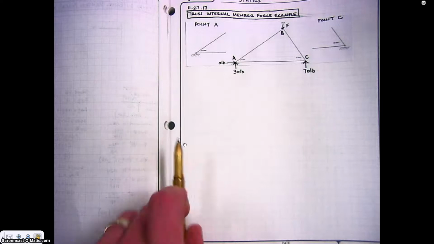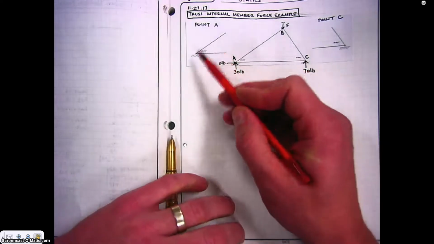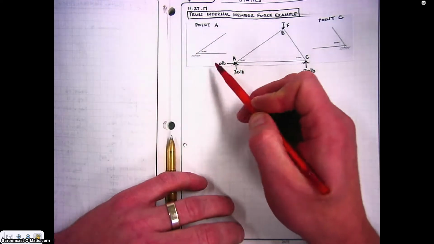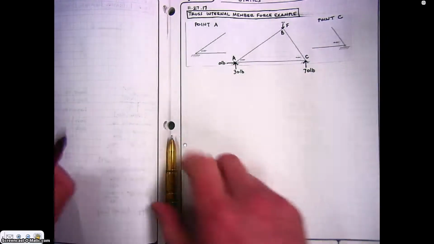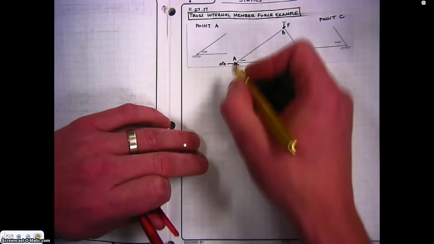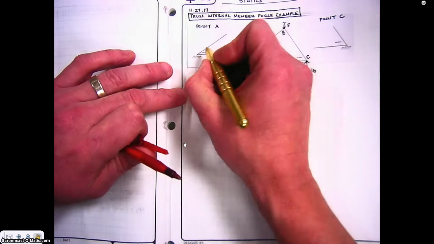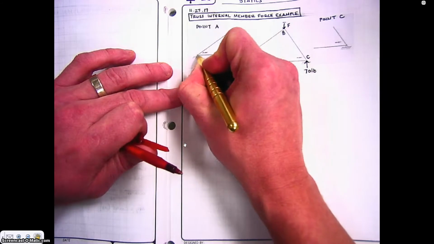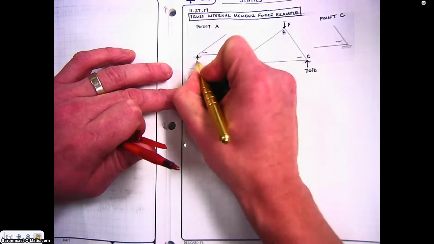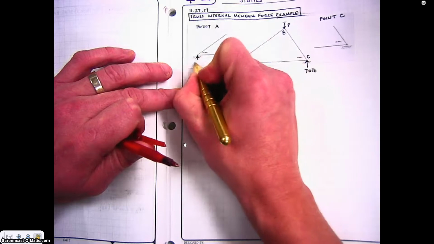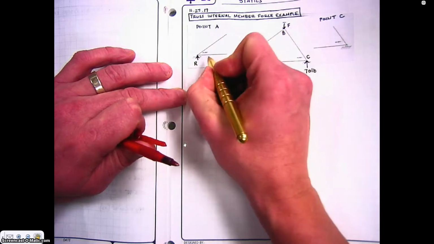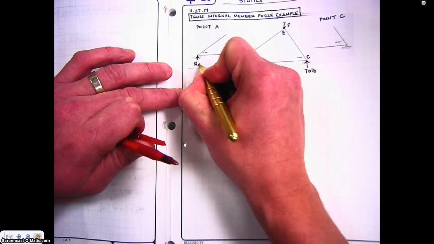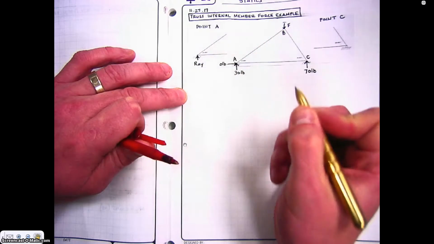The next thing I've done is create a free body diagram here for just this point, so we can look at it a little more closely. The first thing I'm going to do is label some of these same things. Right here we have a pin connection, and we know this is 30 pounds, but I'm going to label it as the variable now: the reaction force at A in the Y direction.